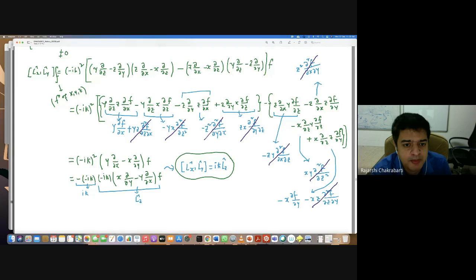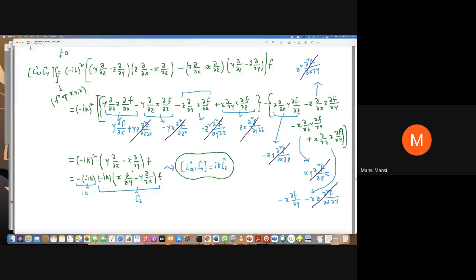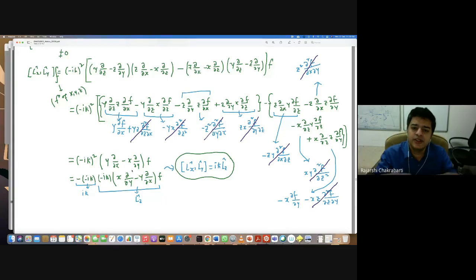It will be yz ∂²f/∂z∂x. Is this clear? You will see that you will get many such terms, and some of the terms will cancel each other, and eventually you will get LxLy equals iħ Lz. So you can go and check yourself.